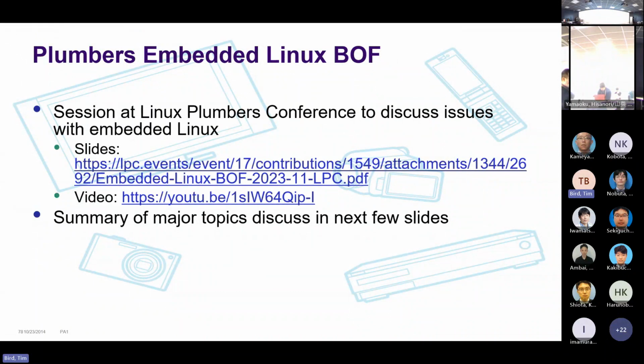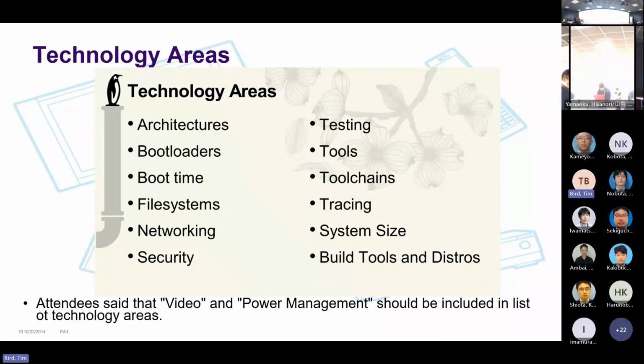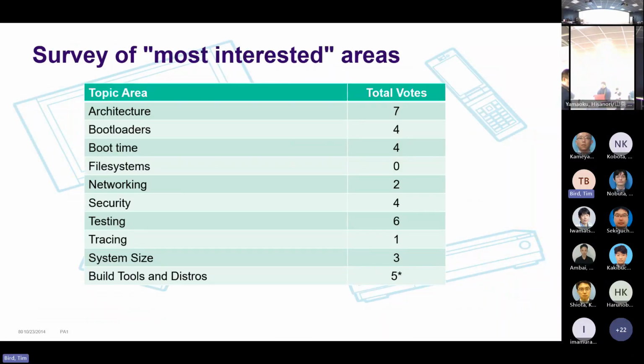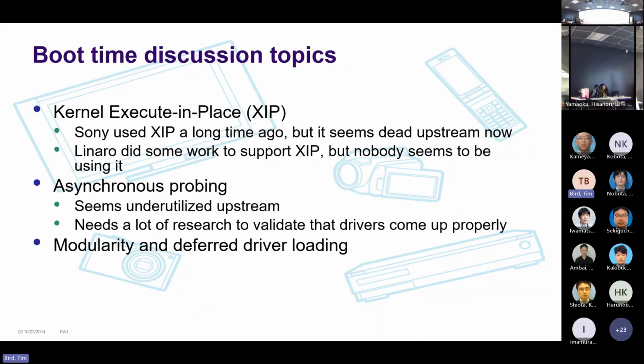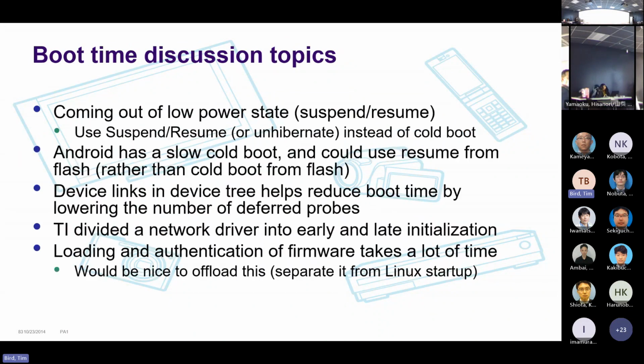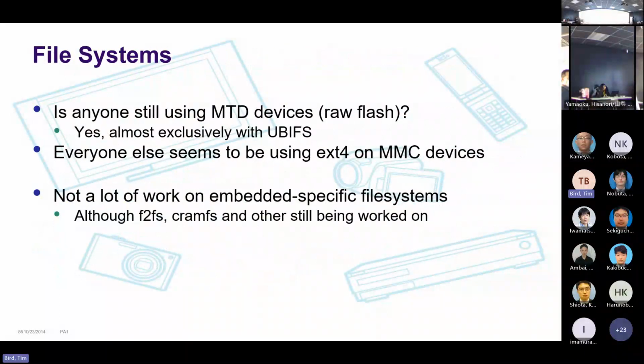I apologize for not covering them because I'm taking too long here. But I'll cover them real quickly. We did a survey of what areas of embedded Linux people are most interested in. Architecture, tools and distros came out on top. We talked about bootloaders and boot time, whether or not XIP is still a thing, why embedded systems are so hard, and whether anyone is still using MTD devices.